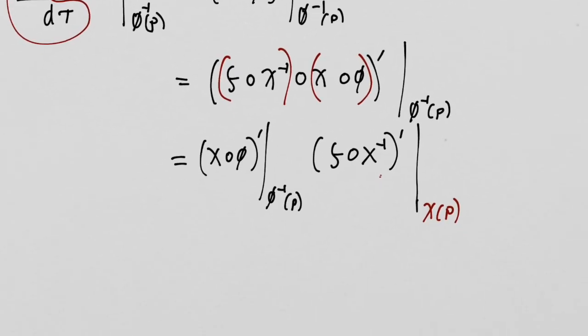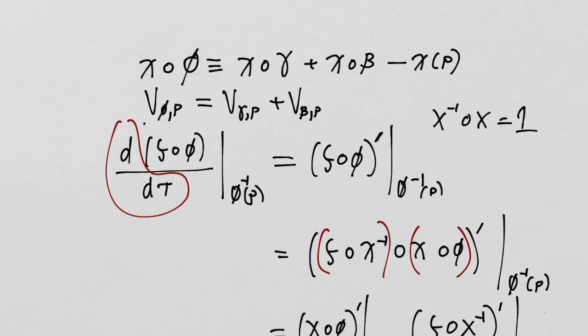We have x after phi here, and x after phi is sort of how we're defining phi. So now I can substitute this for x after phi. And this is a theory, right? This is a hypothesis that this is a good choice, right? That if I do make this substitution, I'm ultimately going to end up with this, right? So let's try it. Let's make that substitution right now.